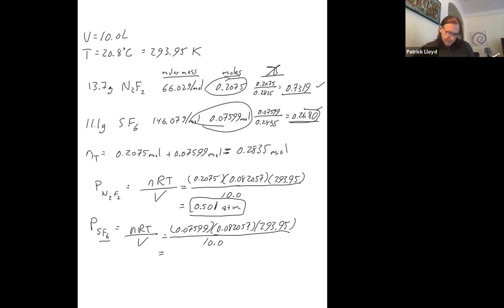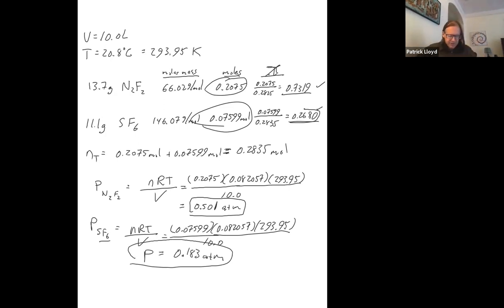All right, does that make sense? That doesn't make sense. Let me check it again. 0.07599 times 0.082057 times 293.95 divided by 10. There we go. That makes more sense. 0.183. So there's your pressure. Before I got 0.0 something, and I was like, that doesn't make sense.